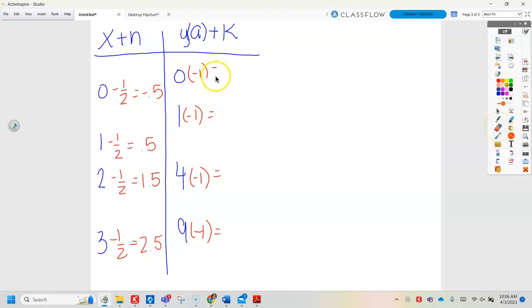Then what we do is we multiply by a and then add or subtract my k. So in the last problem, k was plus 5/4. So we're going to add 5/4 or 1.25 to each of those.